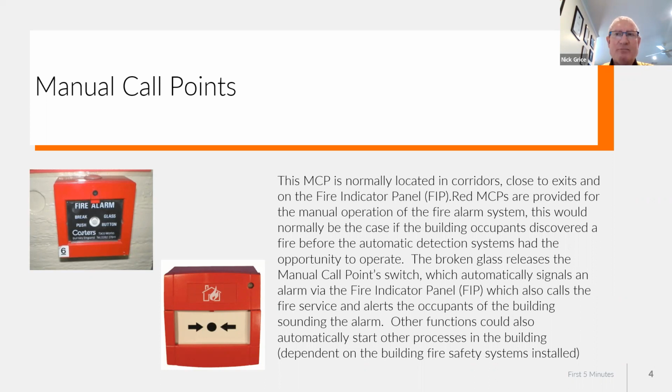Press it in and it automatically sets the alarm off in the building and calls the fire service if the FIP is connected to the fire service. Now, with the two-tone alarms, either the alert and the evacuate tone, they normally set the evacuation tone off straight away, being engineered that way, that if it's manually operated, it sets the alarm off.